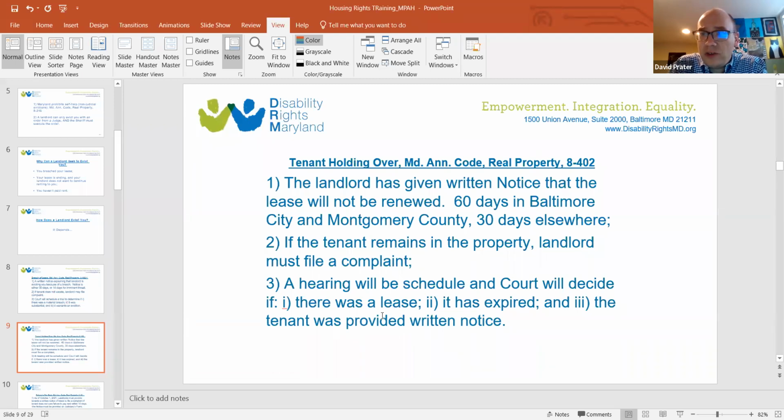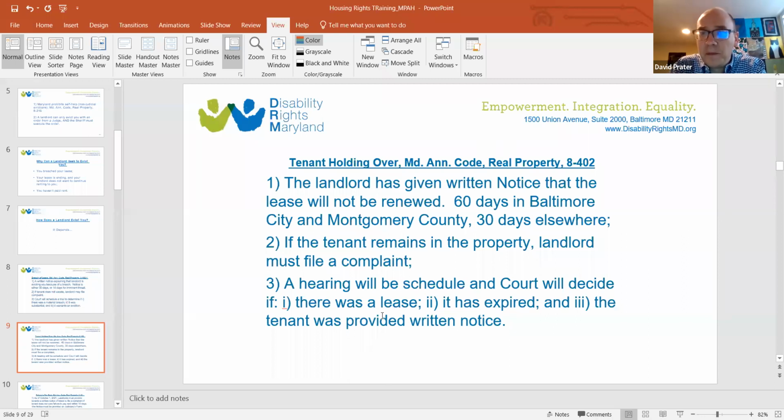And in other jurisdictions, it's 30 days. So if the tenant remains on the property after the expiration of the lease, then the landlord must file a complaint in the district court alleging that the tenant is holding over. And then the court will schedule a trial date, and the court will decide, one, was there a lease? Two, has it expired? And three, was the tenant provided written notice?